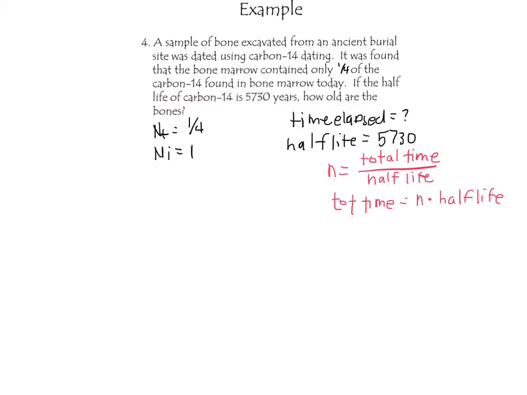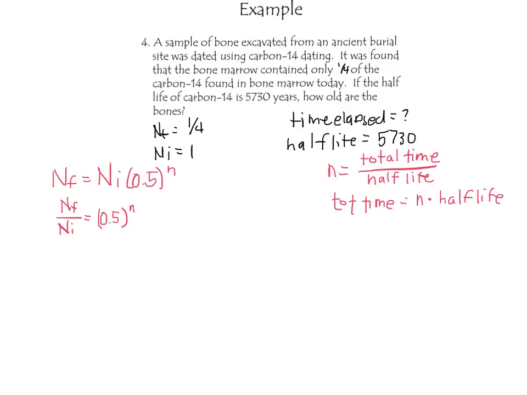So the final mass equals the initial mass times 0.5 to the n power. Much like the last question, we have to rearrange this to solve for n. Step by step, you end up with the final mass divided by the initial mass equals 0.5 to the n power.